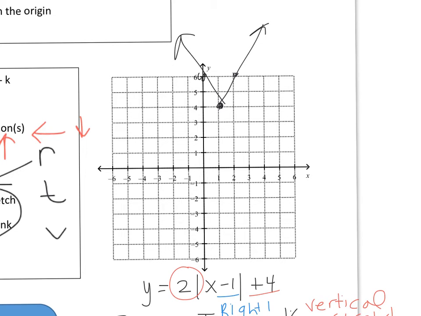If I were to discuss the x-intercept and the y-intercept, there are no x-intercepts. It does not cross the x-axis. But the y-intercept is at 6, and you should write it as an ordered pair: (0, 6) is the y-intercept. And there are no x-intercepts.